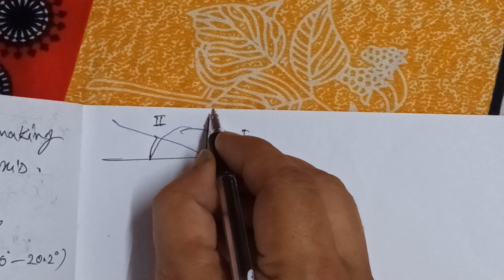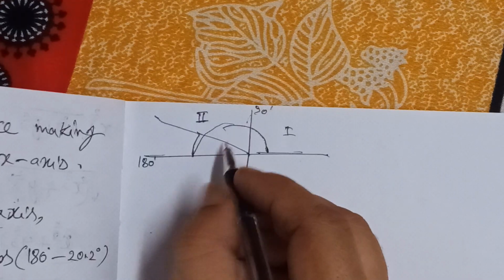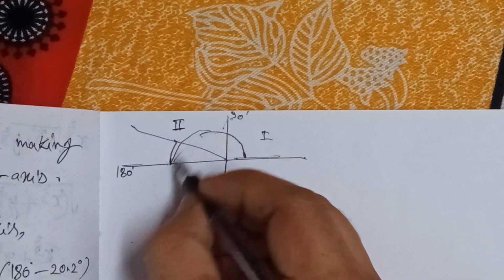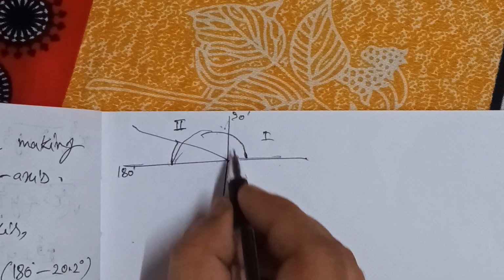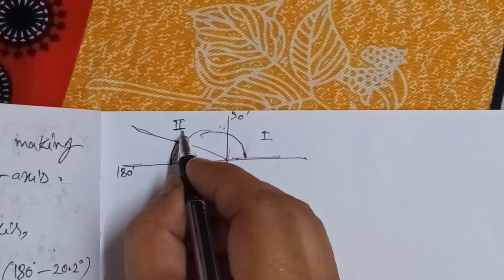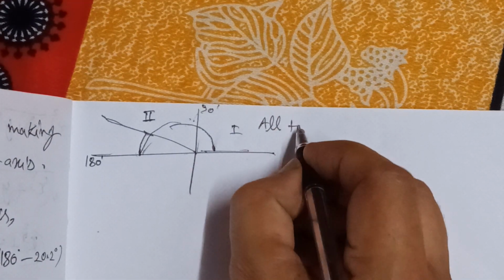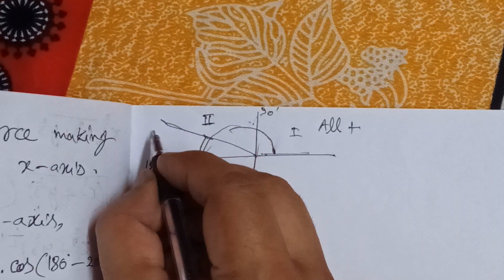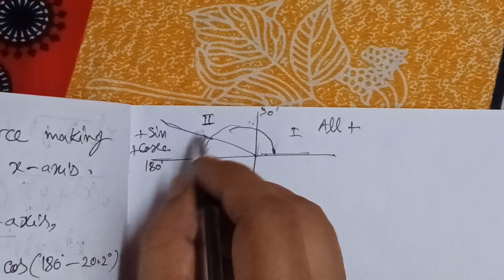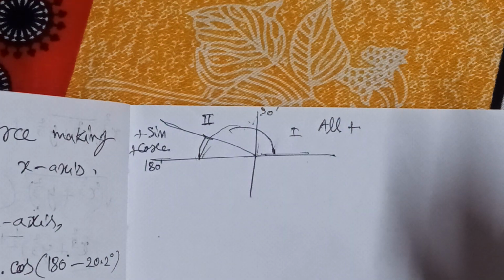The second quadrant starts at 90 degrees and ends at 180 degrees, lying between 90 and 180 degrees, excluding these two values. In the first quadrant all trigonometrical ratios are positive, but in the second quadrant only sine and its reciprocal are positive, and the remaining ratios are negative.